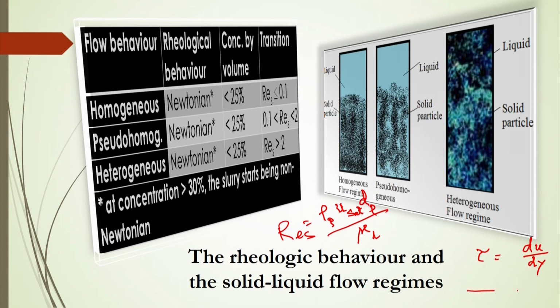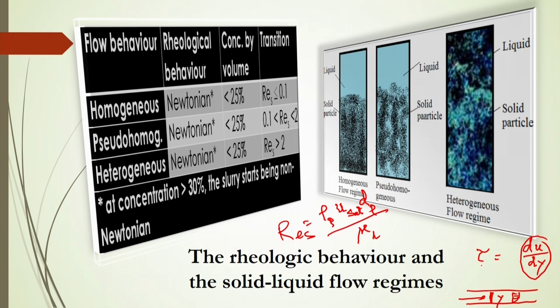Suppose a fluid is flowing in a pipe, then y is in the r direction here, and the change of velocity in this direction, the gradient of this velocity, is represented by du by dy, and this is called shear rate.